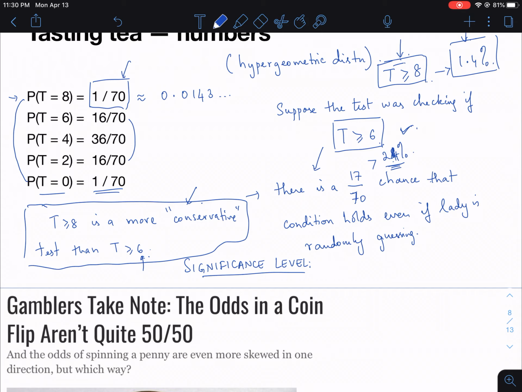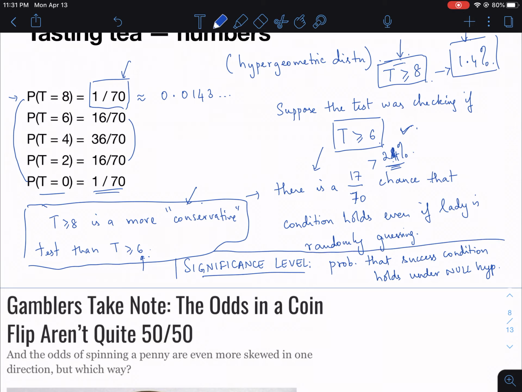Significance level of a test is the probability that the success condition holds under the null hypothesis. Okay, so that's called the significance level of this test. And usually you would like the significance level to be a small quantity.